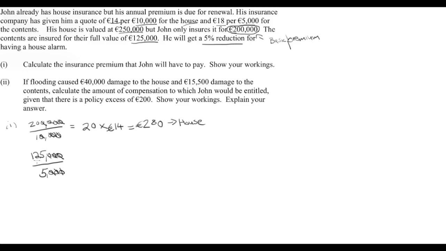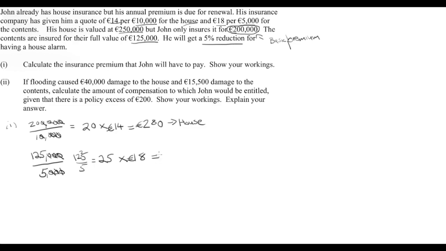I would use your calculator here, but if you feel confident in dividing 125 by 5, 5 into 12 goes 2, remainder 2. And then 5 into 25 goes 5. So it is 25. And we multiply that by €18, because every 5,000 euros worth of contents, he has to pay €18.